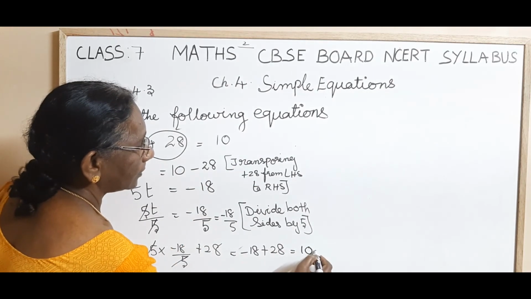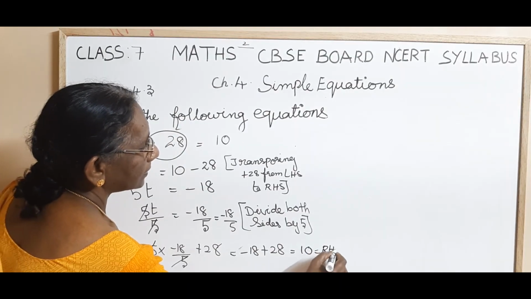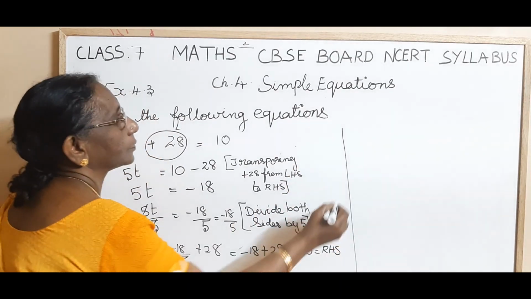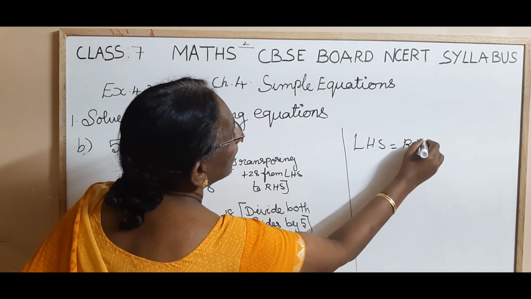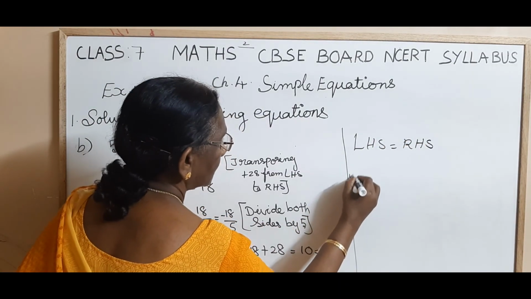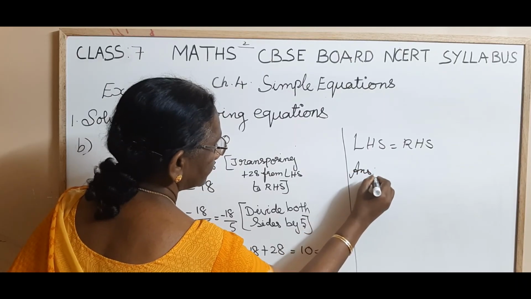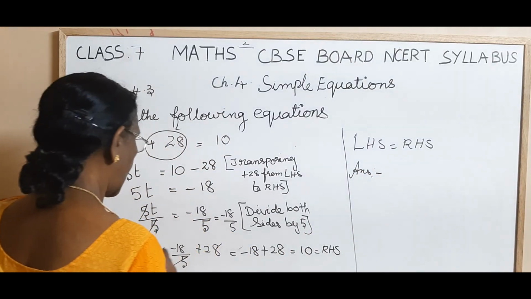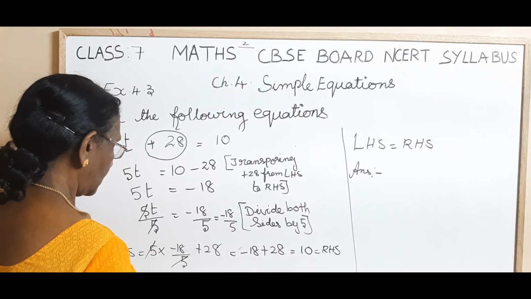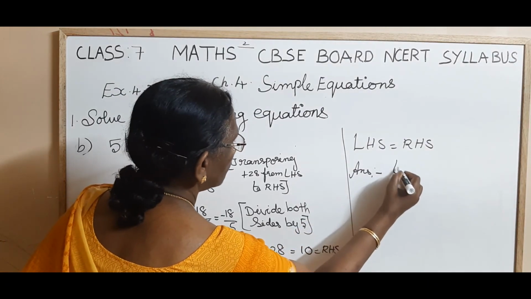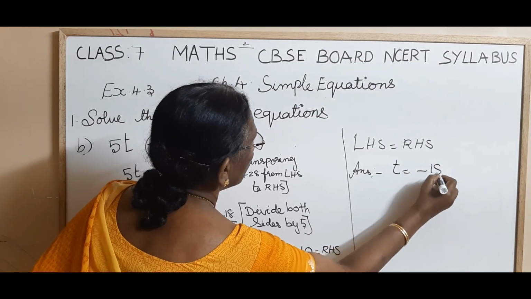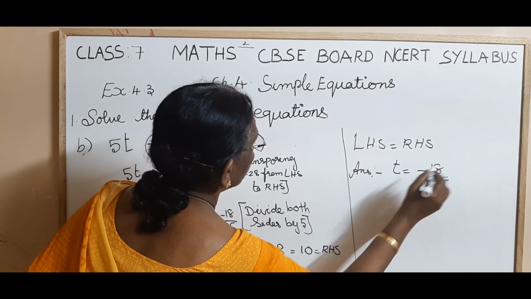Are you getting it? RHS. Therefore, LHS is equal to RHS. Therefore, what is the answer? t is equal to minus 18 by 5.